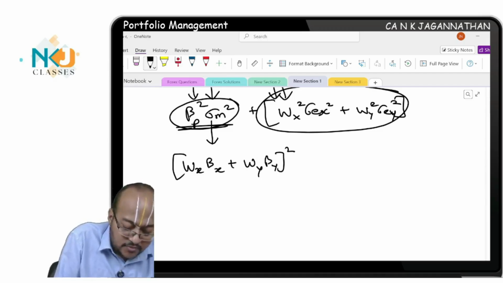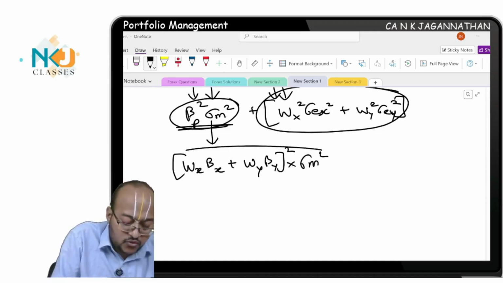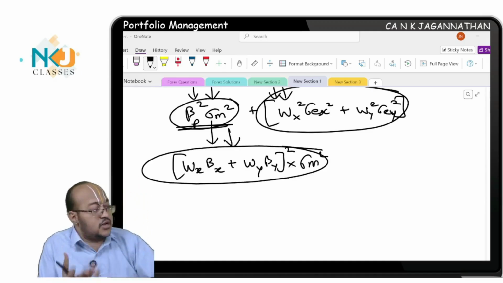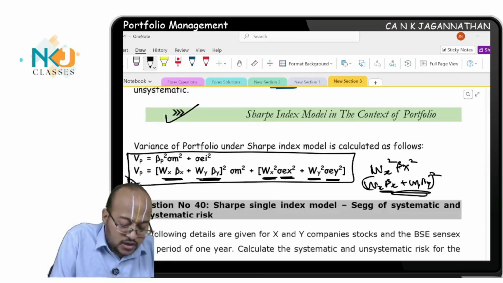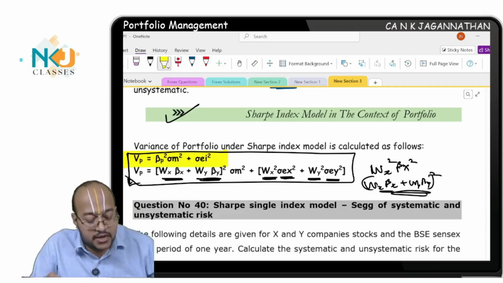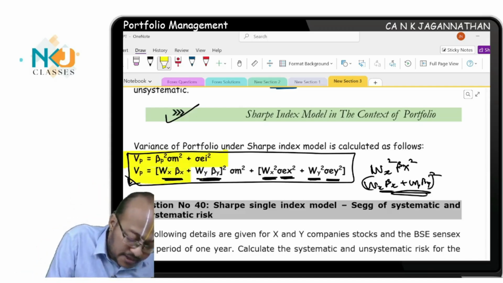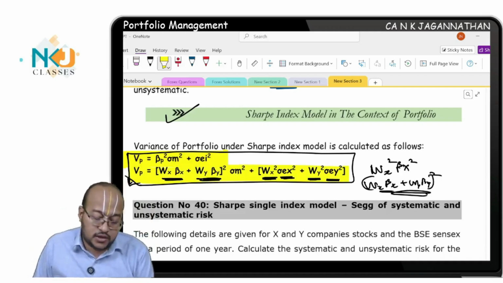This is nothing but the beta of the portfolio square into sigma m square, which will give you the systematic variance. Are you all understanding? This is what I have elaborated here. These two things are the same: variance of the portfolio is simply beta portfolio square sigma m square plus sigma EP square. But if you elaborate, you can get it like this. Are you listening? Shall I proceed?